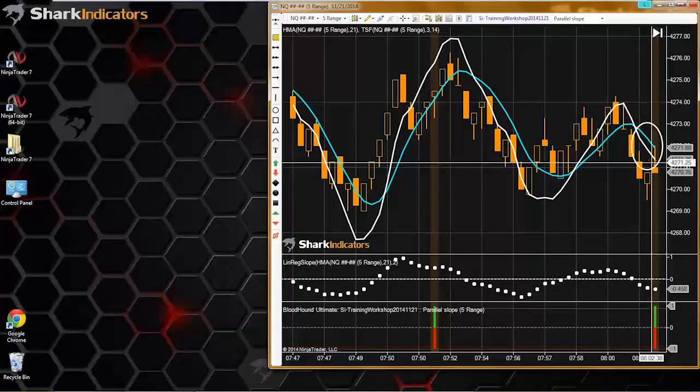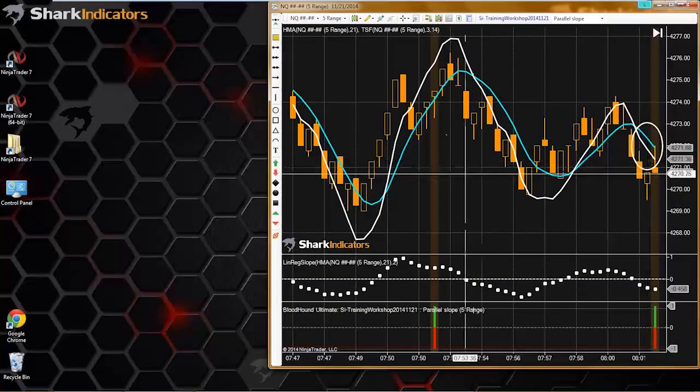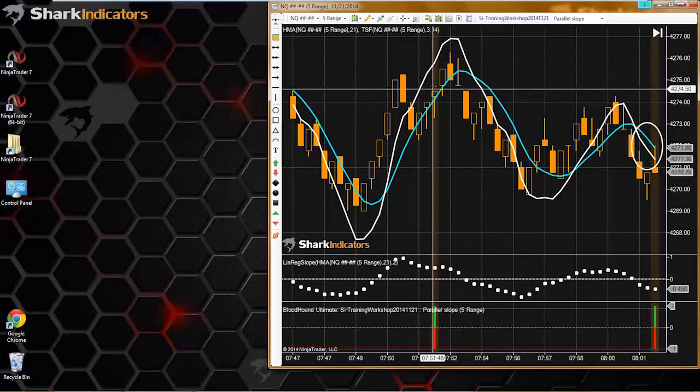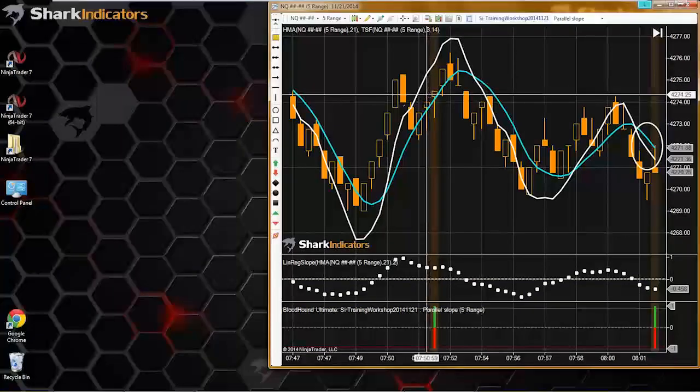Parallel within a 0.1 tick slope difference there. And even though it doesn't look like these two are parallel, they are close enough.